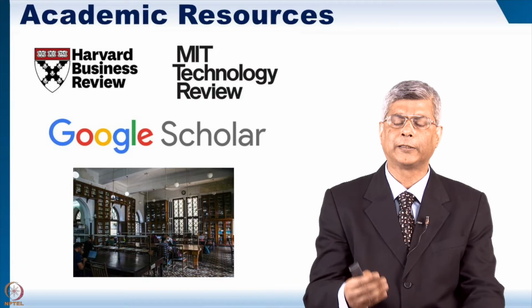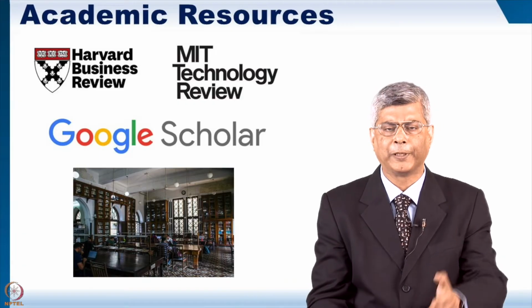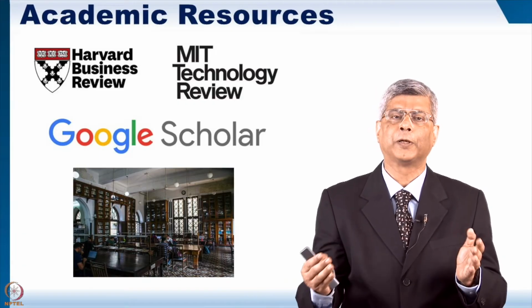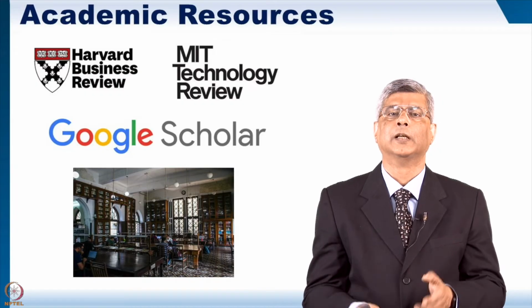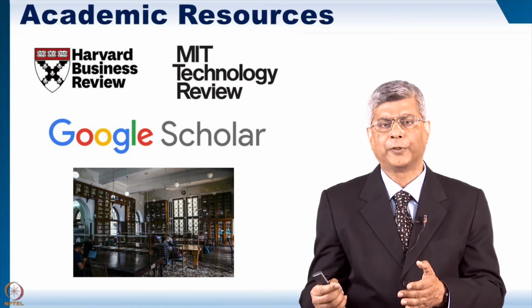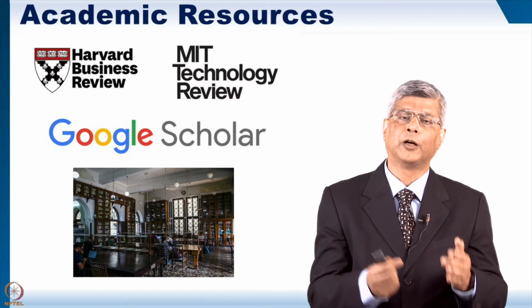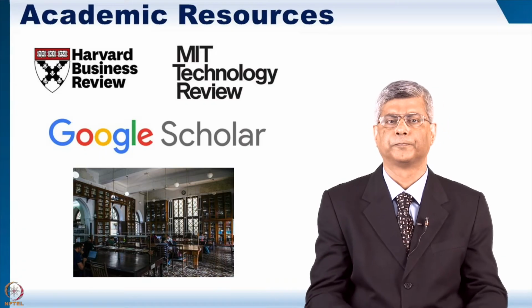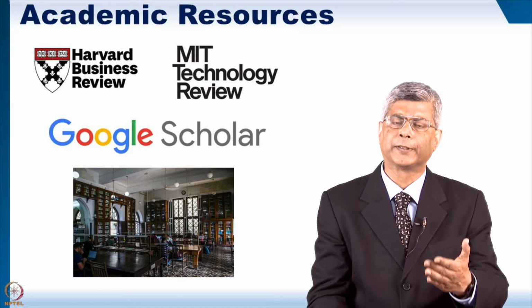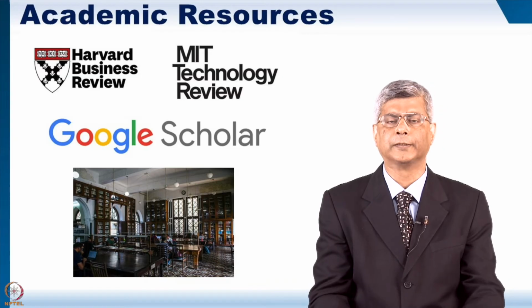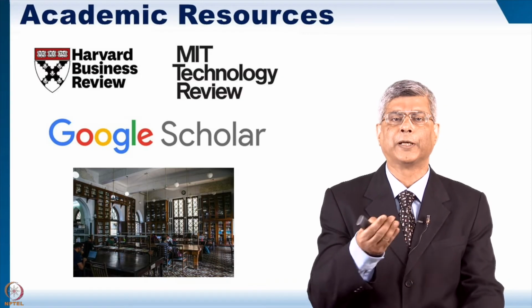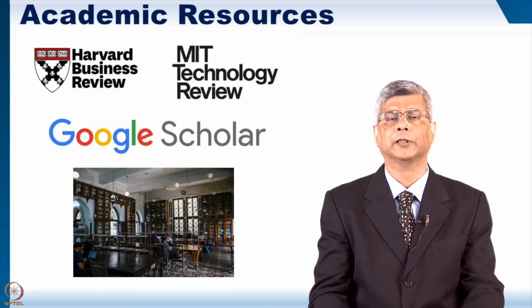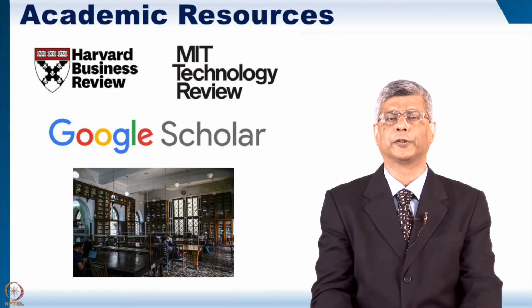You can go to a college library, or you could go to a public library. And these are what are called academic resources. Some of it will be paid for, and you have to pay for them, but a lot of it will be free. And if you're doing research for business reasons, I'd strongly recommend that you actually go for the paid version and get exactly what you're looking for.